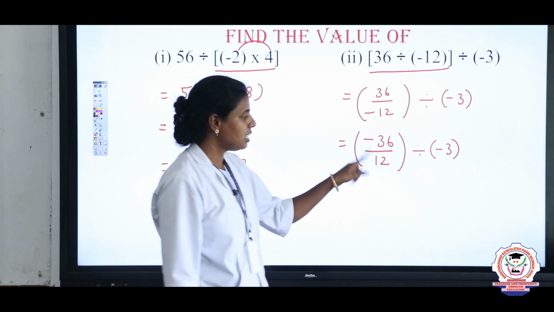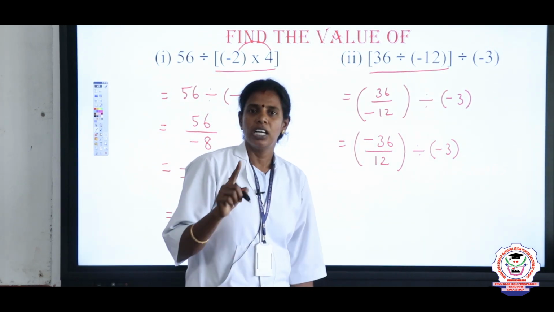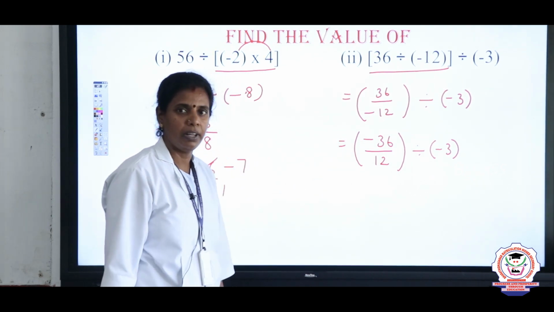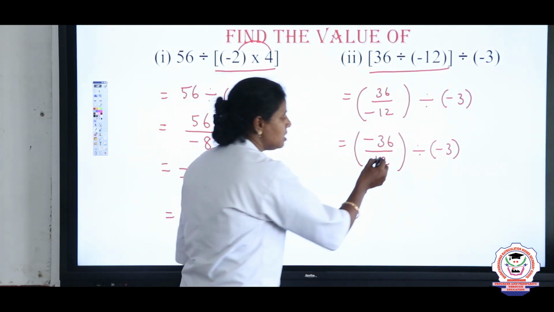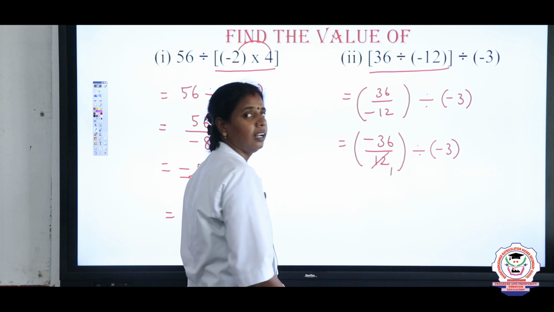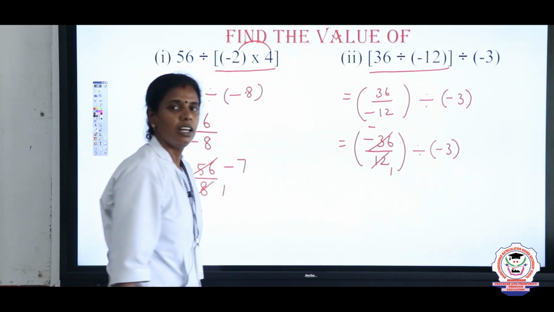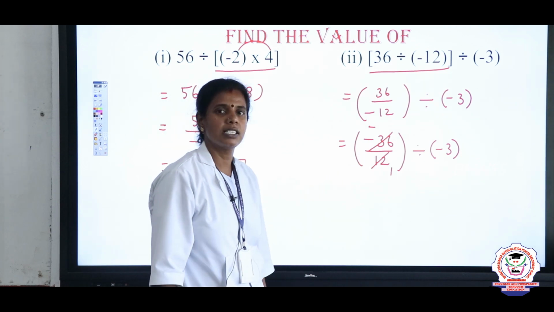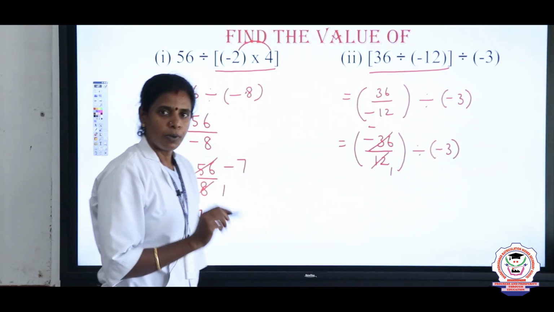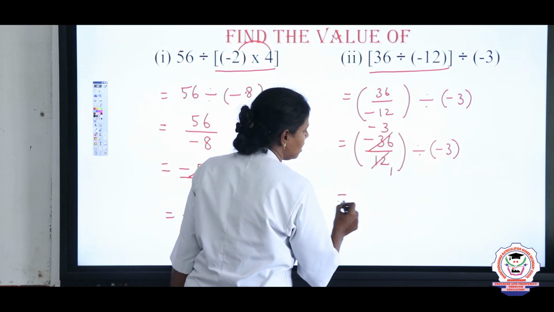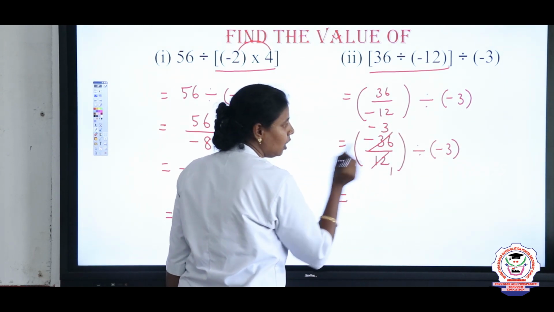See, 36 and 12 are multiples of 12 table itself. So, directly you can cancel in 12 table. So, 12 ones are 12 and the numerator is a negative integer. So, minus, how many times 12 in 36? So, 12 3s are 36. So, the answer is minus 3 by 1.